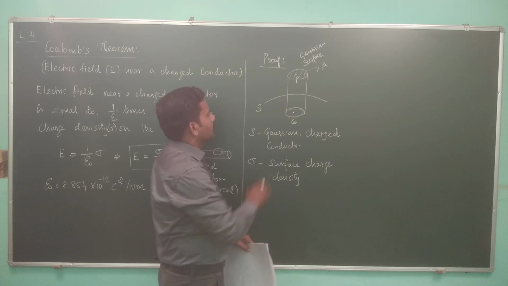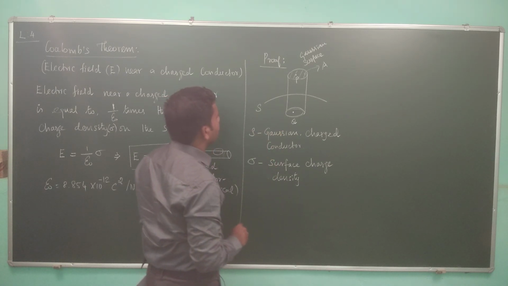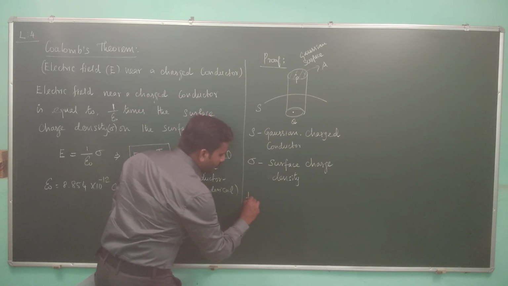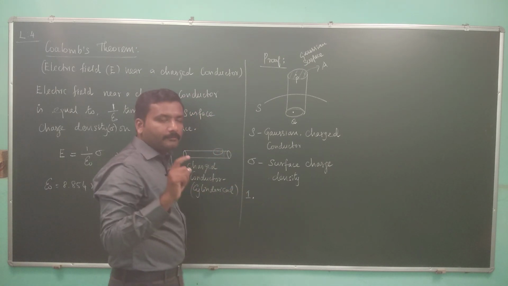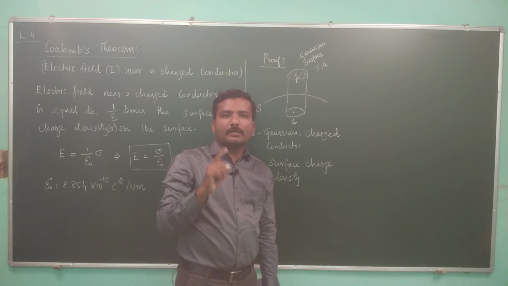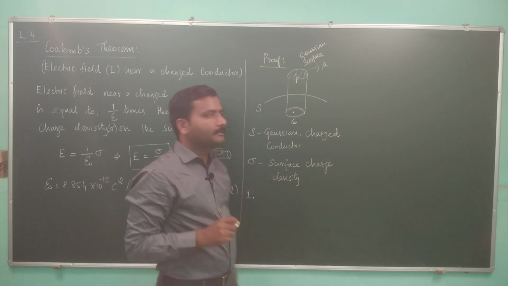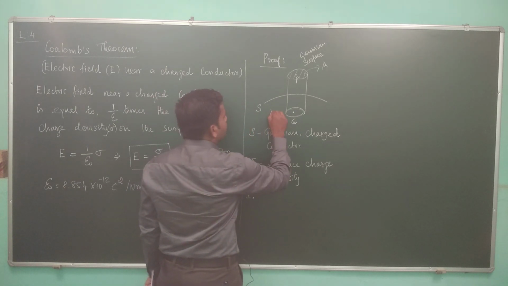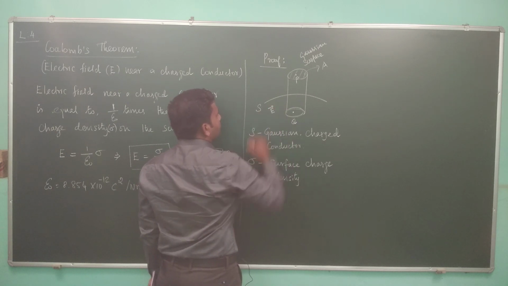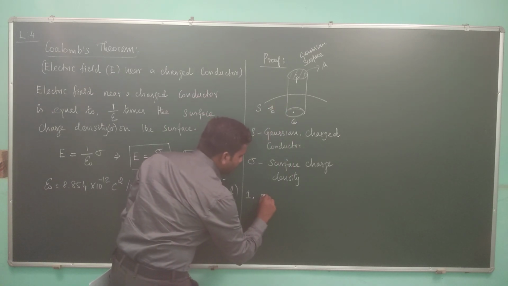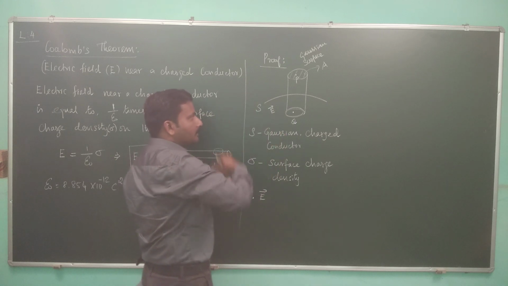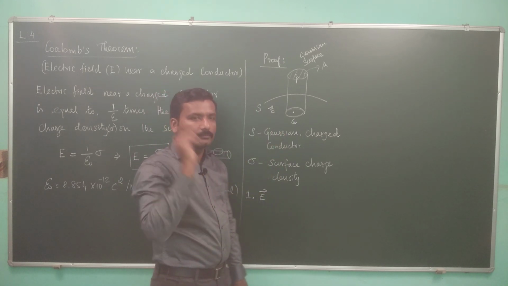See, there are certain things that we have to tell now. Point number 1: if we consider a charged conductor, the electric field E within the charged conductor is 0.